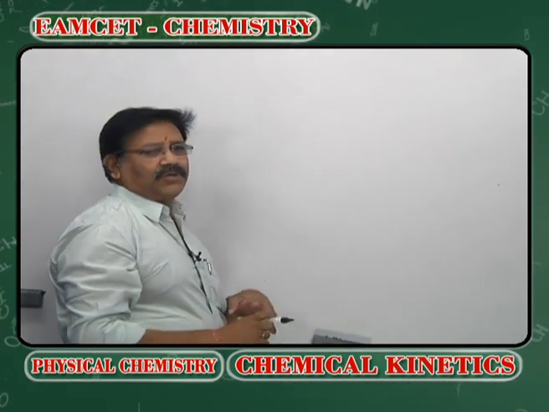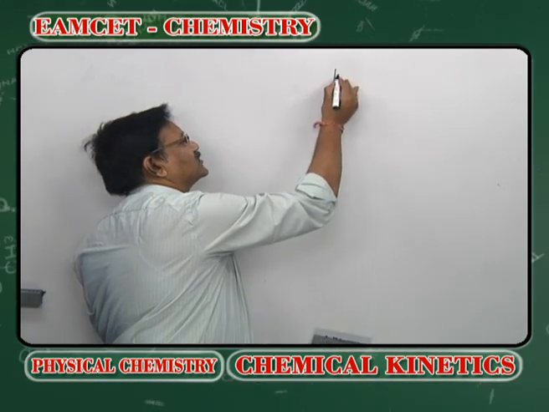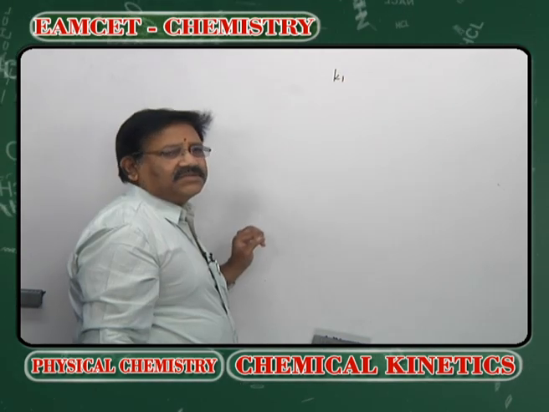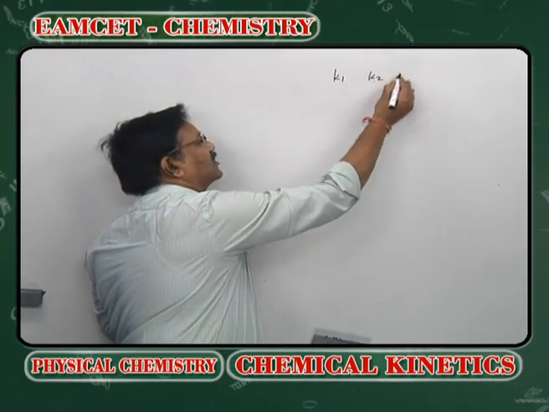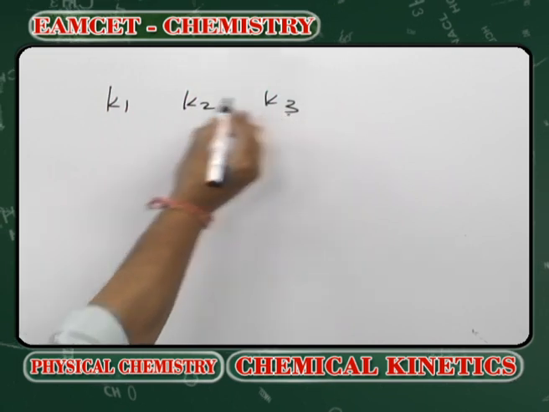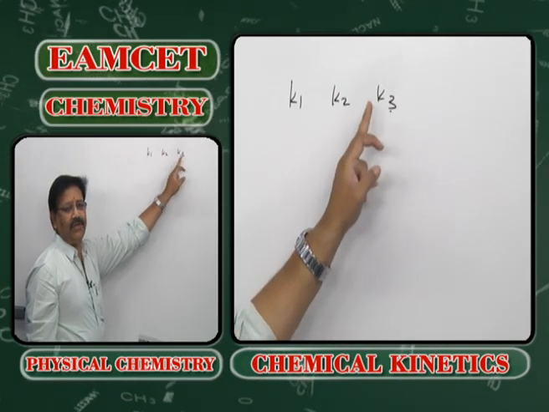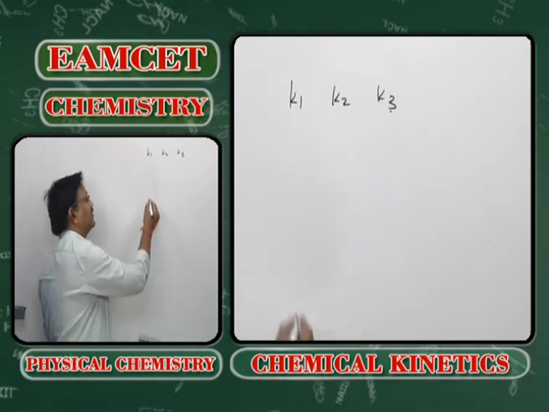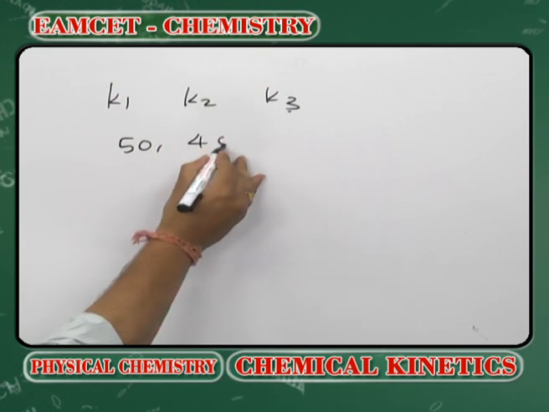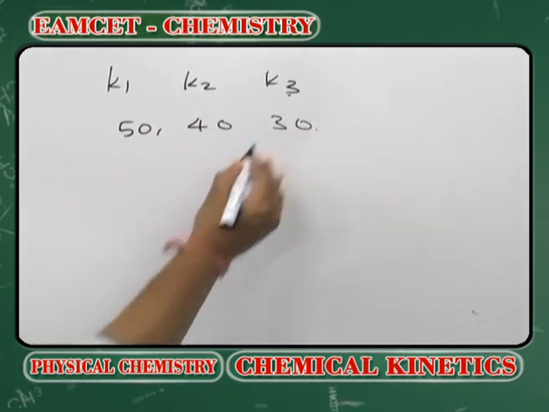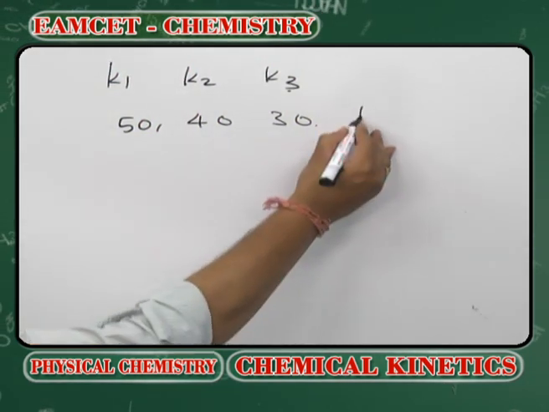Next, we will do a small numerical. A reaction takes place in 3 steps. The rate constants at each step are K1, K2, K3, and the activation energies are respectively 50, 40, 30 kilojoules.